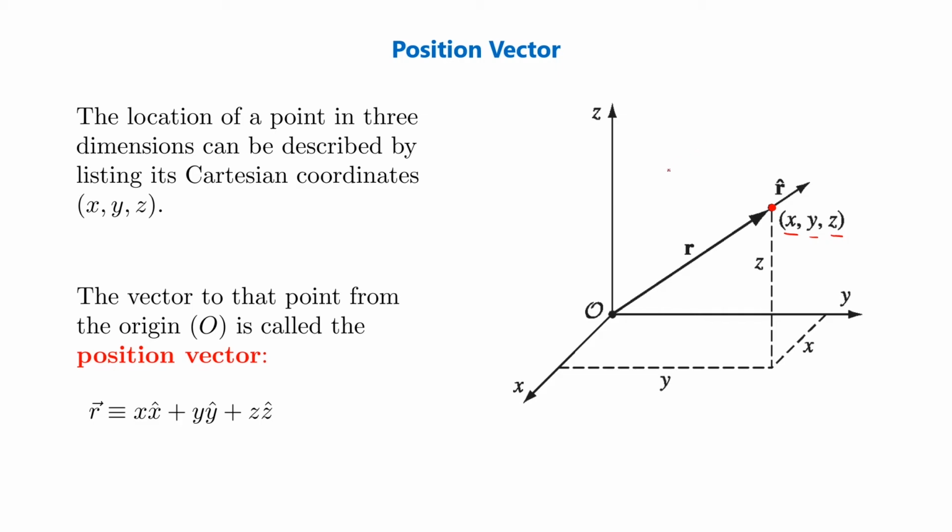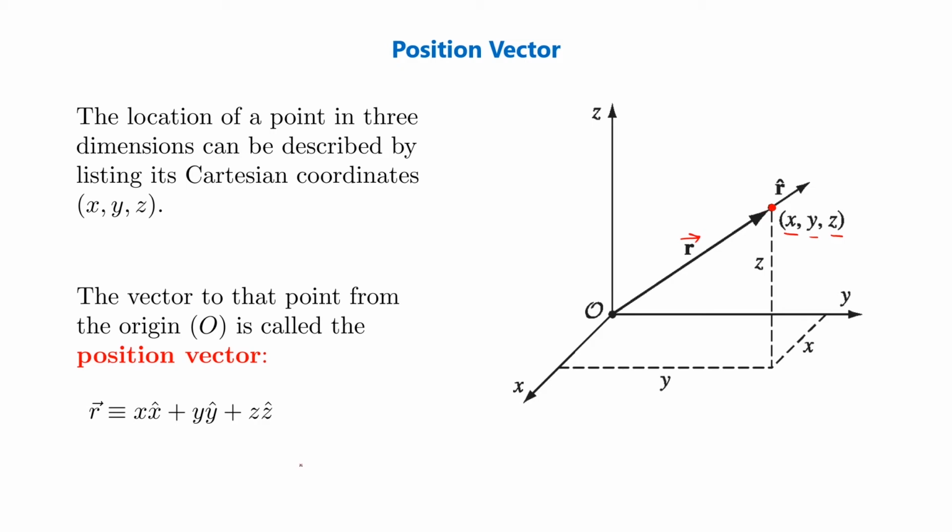Now you can see from this figure that this point is at a distance vector r from the origin, and r hat is a unit vector along the direction of vector r. The vector to this point x, y, z from the origin O is called the position vector.